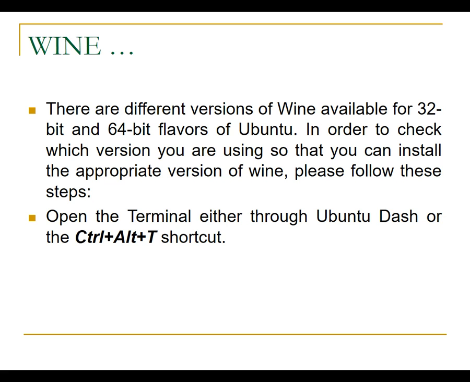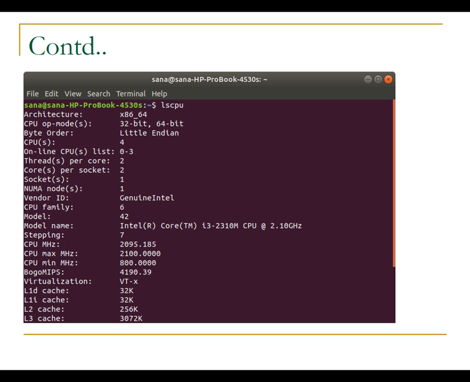To see which operating system is installed inside the system, we have to press Ctrl, Alt and T, which shows the terminal window, and under the terminal window by passing the command lscpu, you can see the internals of your system just like this.